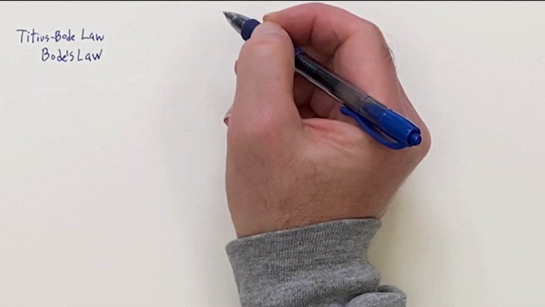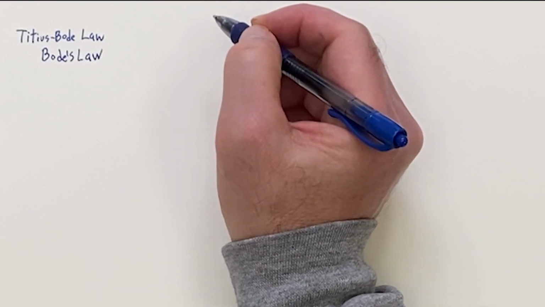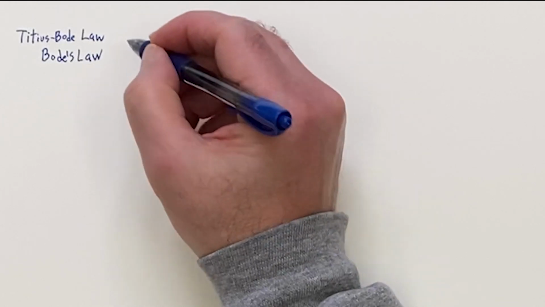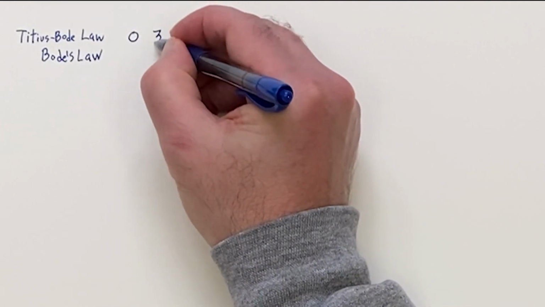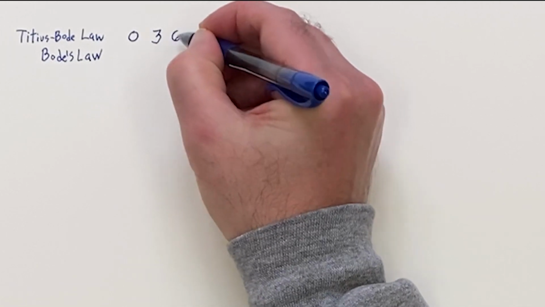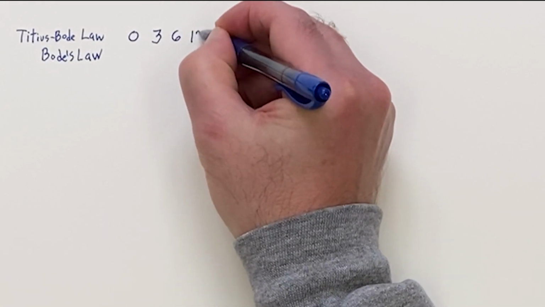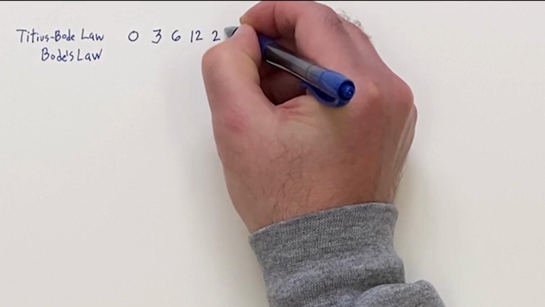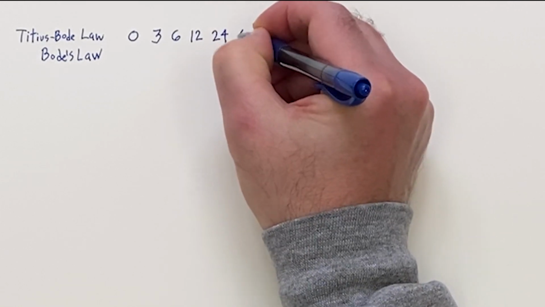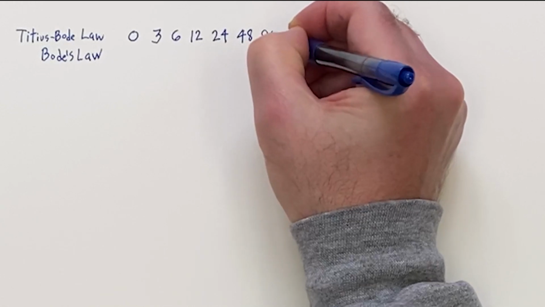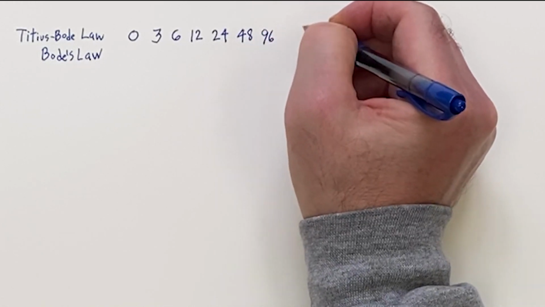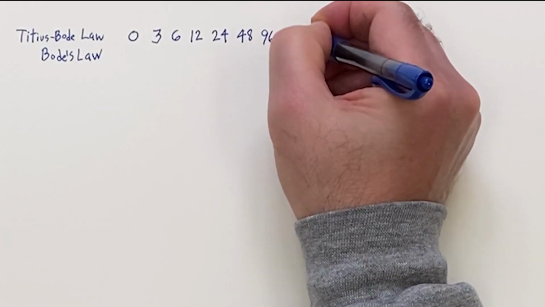No one has ever derived this formula from first principles, so we believe it's an accident. You start with 0, you put down 3, you double, get 6, double, 12, double, 24, double, 48, double, 96, and we'll do one more here.